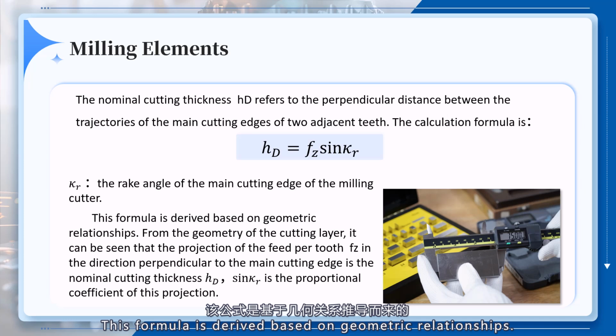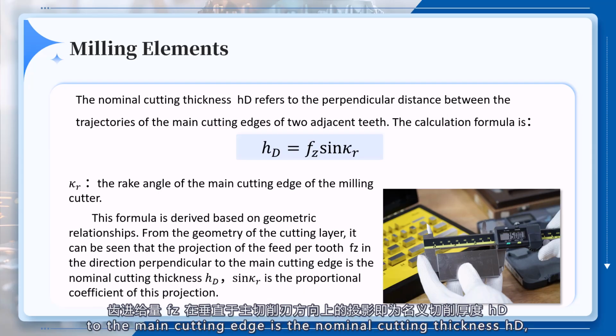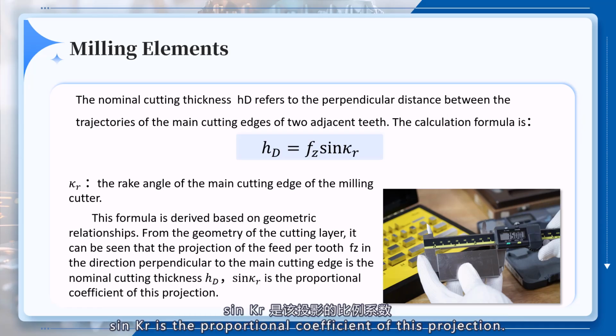This formula is derived based on geometric relationships. From the geometry of the cutting layer, it can be seen that the projection of the feed per tooth Fz in the direction perpendicular to the main cutting edge is the nominal cutting thickness hD. Sin Kr is the proportional coefficient of this projection.